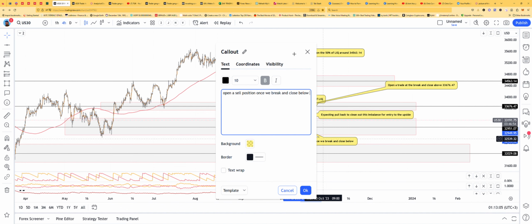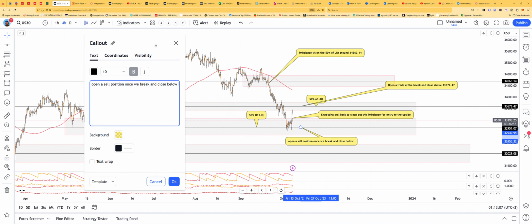Open a sell position once we break and close around 32,151.07.